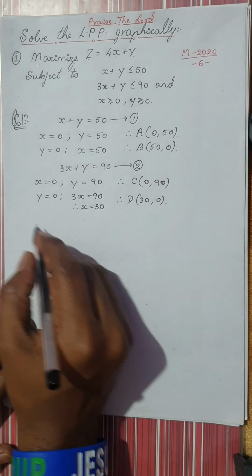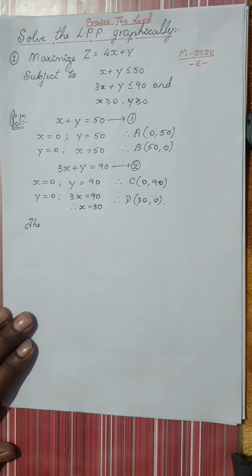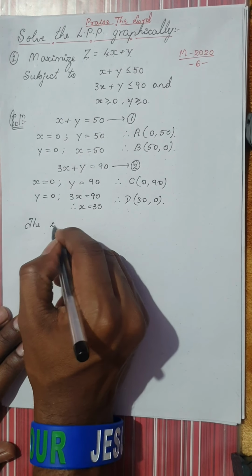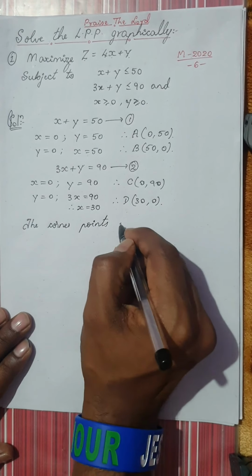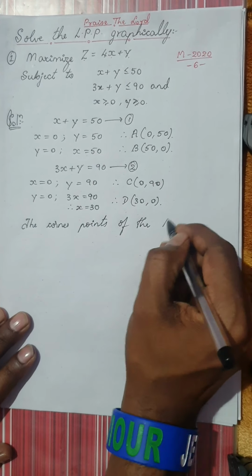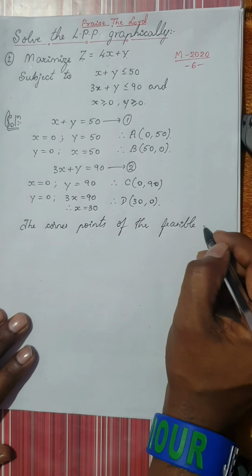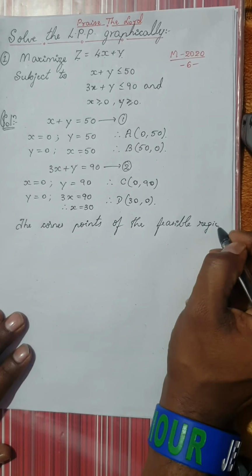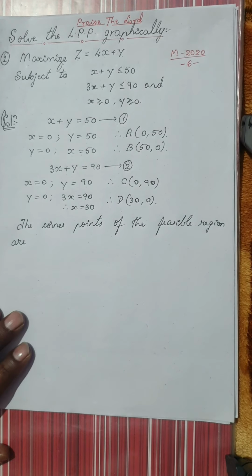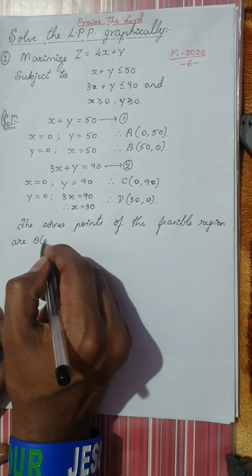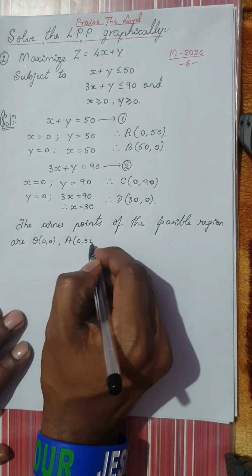So once you have identified the corner points, you have to write them because you will get 1 mark for it. Therefore, the corner points of the feasible region are: one is the origin, that is 0 comma 0, the other one is point A that is 0 comma 50.